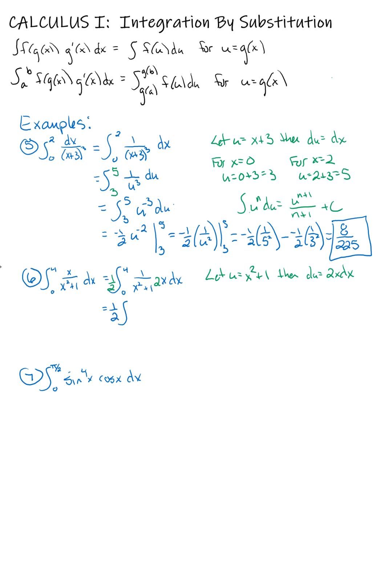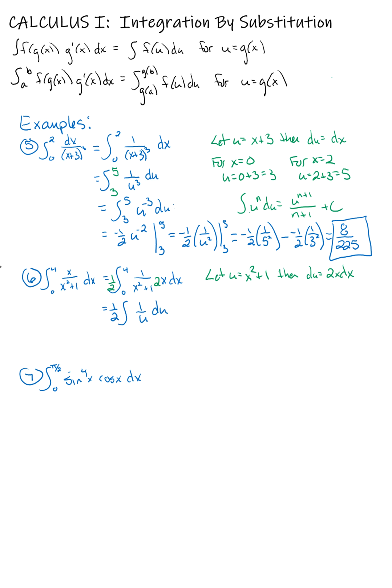I am going to hold off on writing down those limits of integration because I'm going to change this to u's here. So notice here I have u in the denominator, so that gives me 1 over u. And then here in the back is all just du.